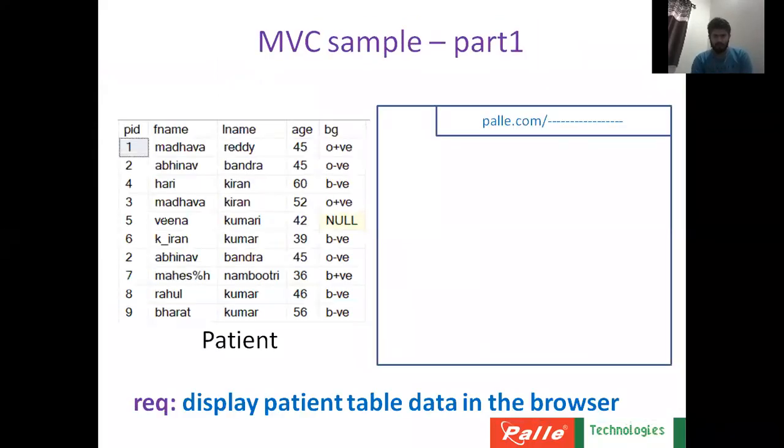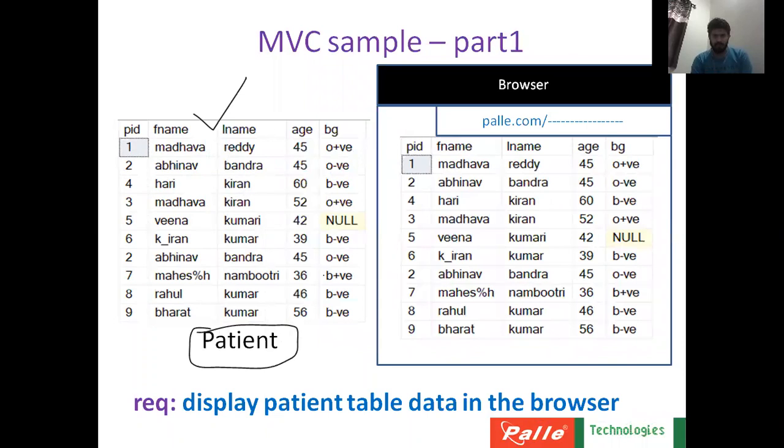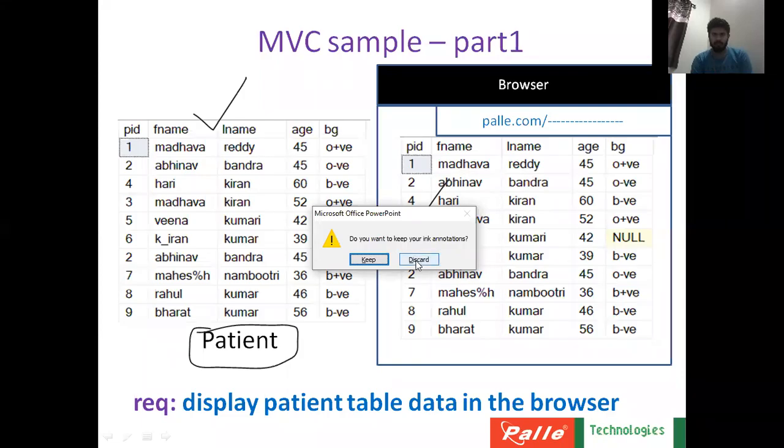See here, this is my patient table, correct? So what I will do is this patient table data, whatever is available in the database, I will try to display it into the browser in the tabular format. That is what I am trying to do actually by using MVC application.